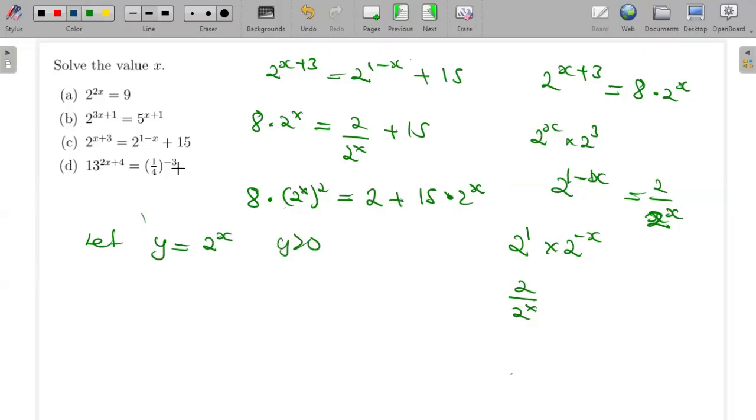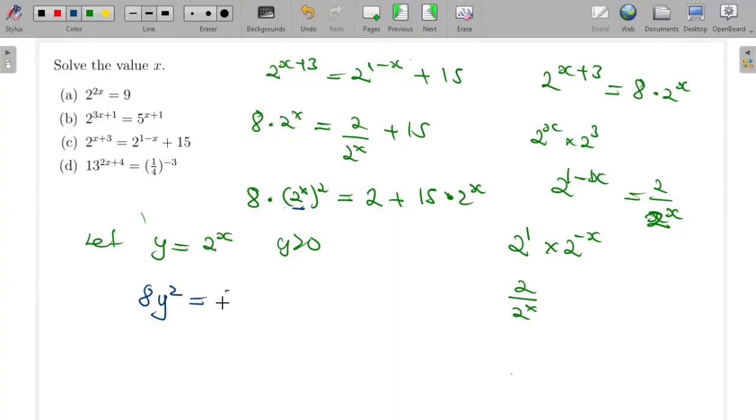Now notice that after writing it like this, where there's 2 to the power x, I can put y. So that would be 8 times y, and since it's squared, the square is going to come there.